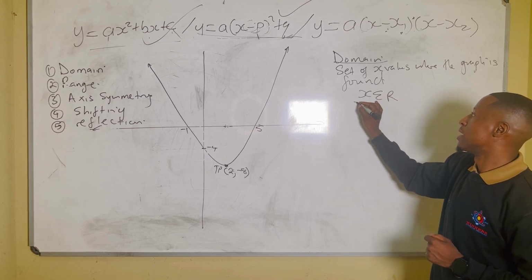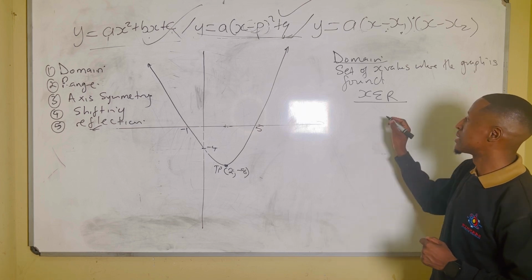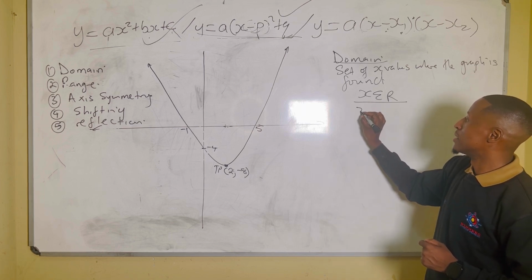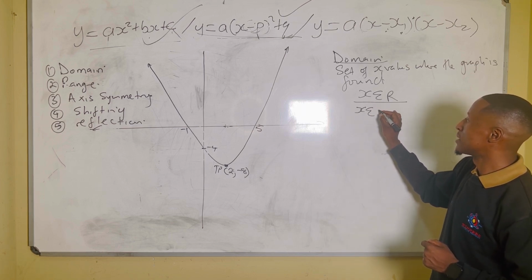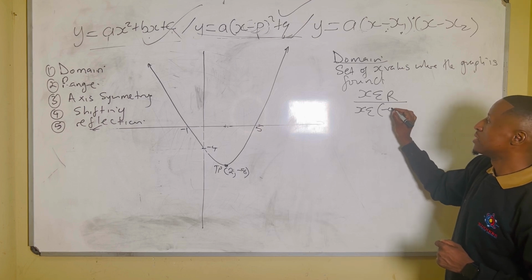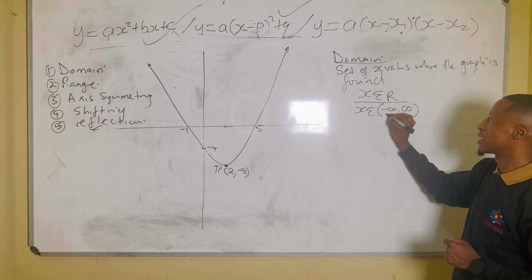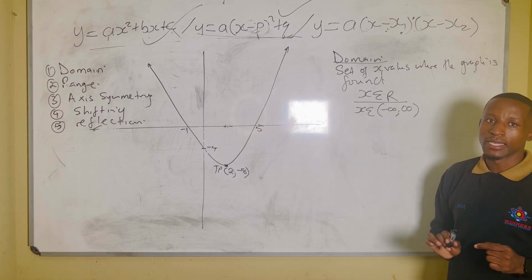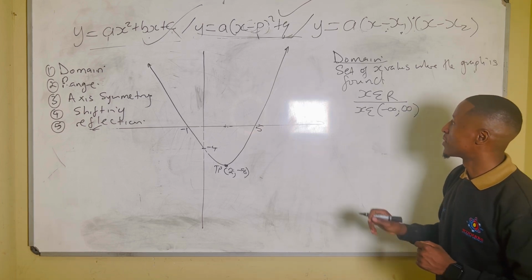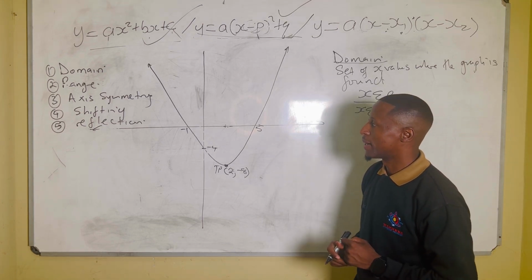That will be your answer. It means it exists everywhere. You can also write it in another format, from negative infinity to positive infinity. Don't forget, you have to use round brackets. So that is another way of writing x element of real numbers.